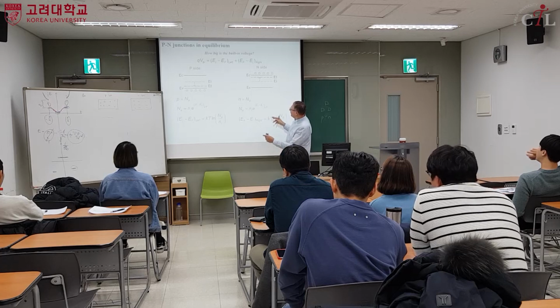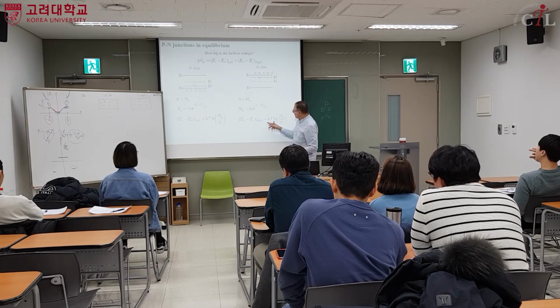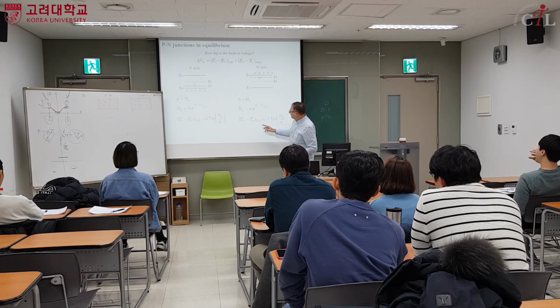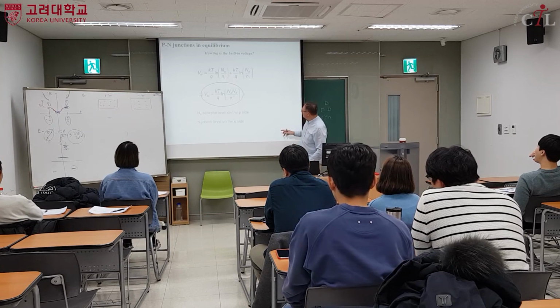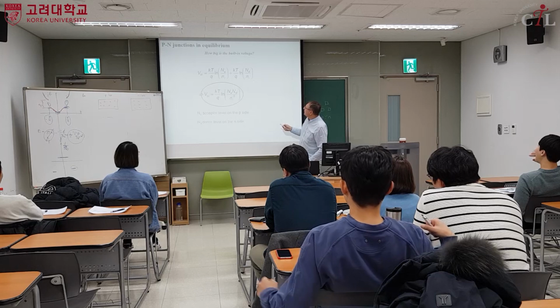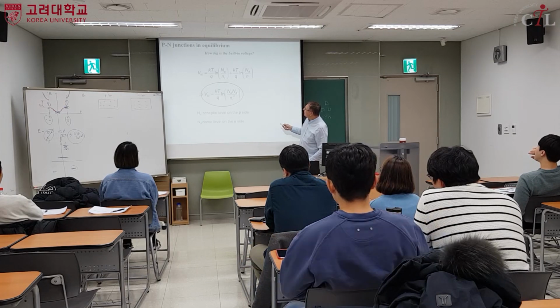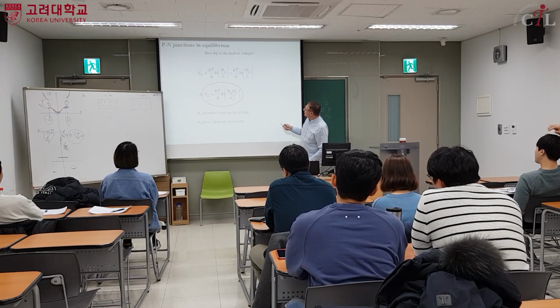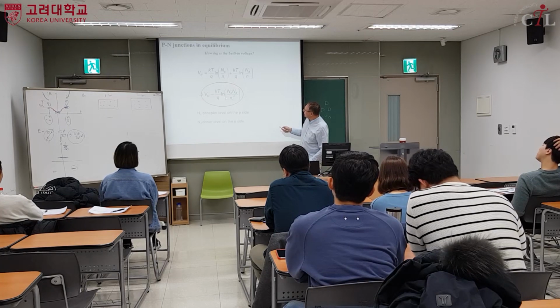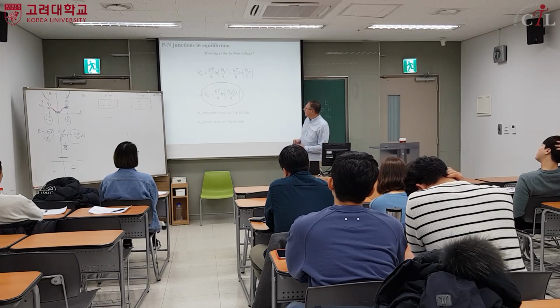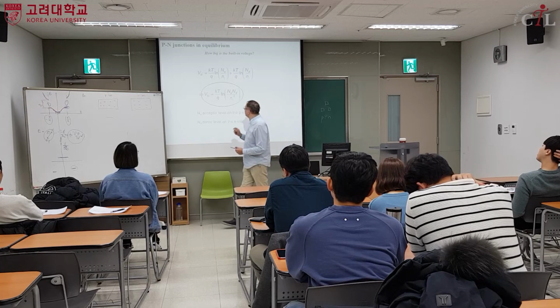And then when I fit these two together, this part disappears, and it will be just the ratio: the product of acceptor and donor concentration over intrinsic concentration.